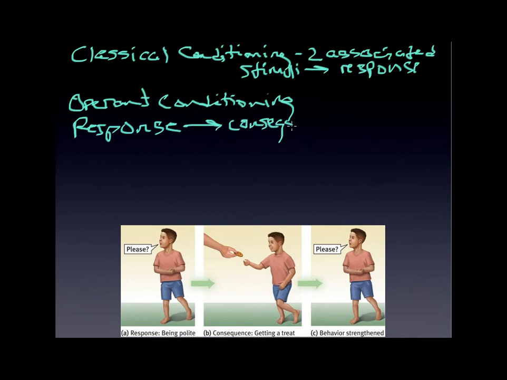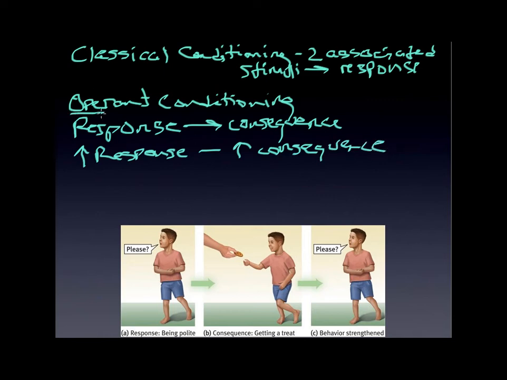If that consequence is positive, the frequency of the response increases, and it continues to be met with a positive consequence, and the process continues. So in some respects, operant conditioning is a simpler model. The problem is how do we get that first response?